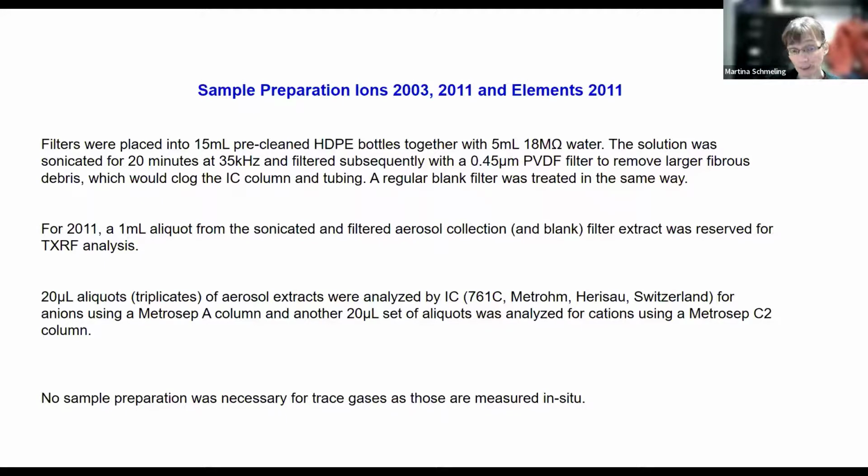Keep in mind that for the trace gases, we didn't need to do anything because they are just measured in situ. I just want to point out, because I will mention this later as well, that in 2003 we had 2 different types of sample preparation. Important to keep in mind is that one was an acid digestion, the other one was an aqueous extraction. For 2011, it was only an aqueous extraction, which gives us the opportunity to actually compare certain data sets.